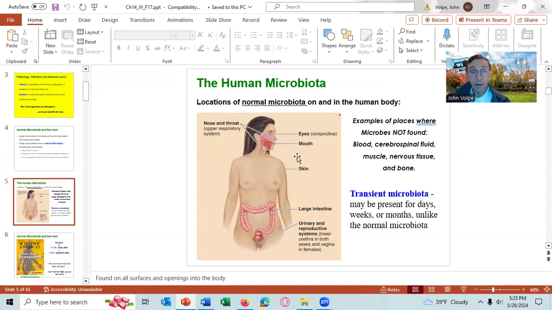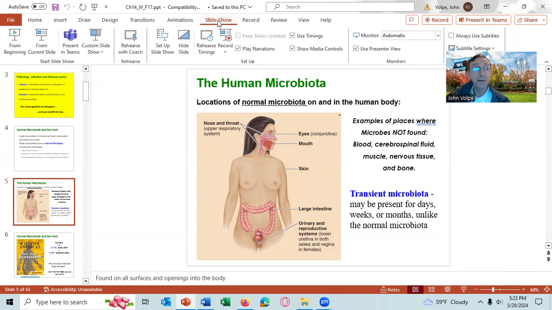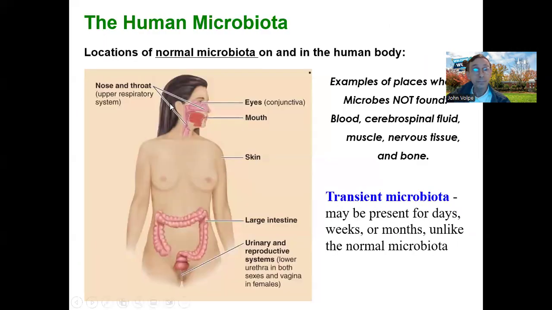The normal microbiota is only found in certain places in the body. Let me blow this up. Such as the skin, the mucosa that's open to the outside, such as the eyes, the mouth, the throat.